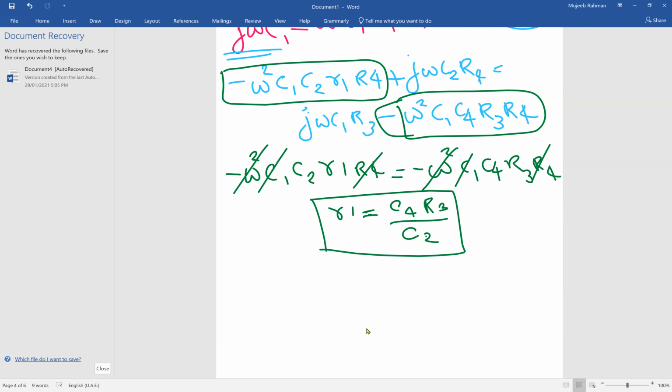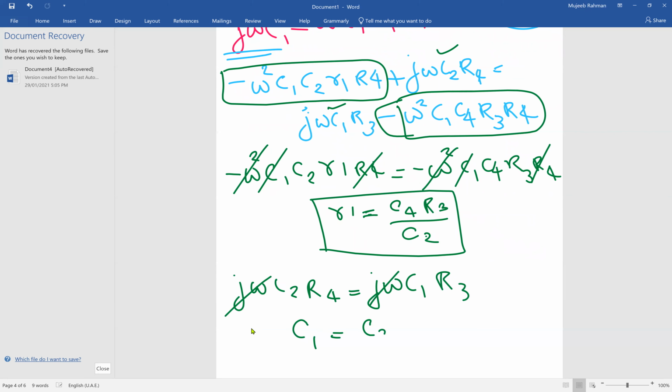Now we'll look at the imaginary terms on both sides. We have j omega C2 R4, that is equal to j omega C1 into R3. Here also j omega gets cancelled. Then the unknown value C1 is calculated by the equation C2 R4 divided by R3.